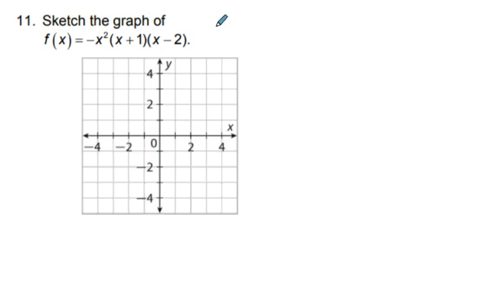But what you have is our zeros are going to be x is equal to 0. And since we have squared, that's going to be a multiplicity of 2. And then for x plus 1, we're going to have x plus 1 equals 0. So x equals negative 1. And our multiplicity of that 0 is going to be equal to 1.